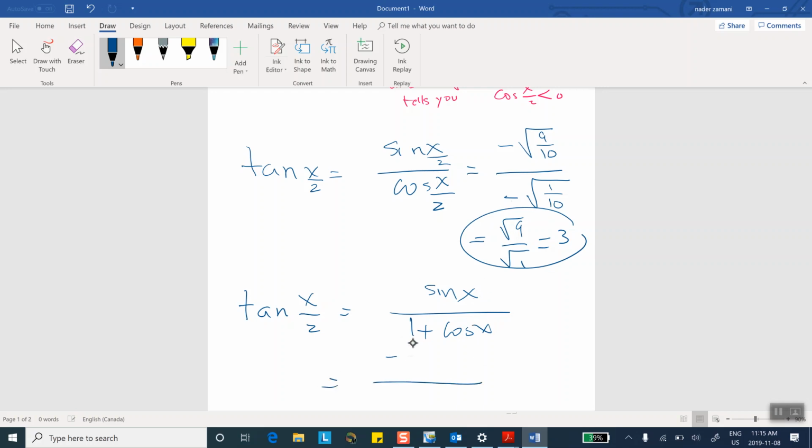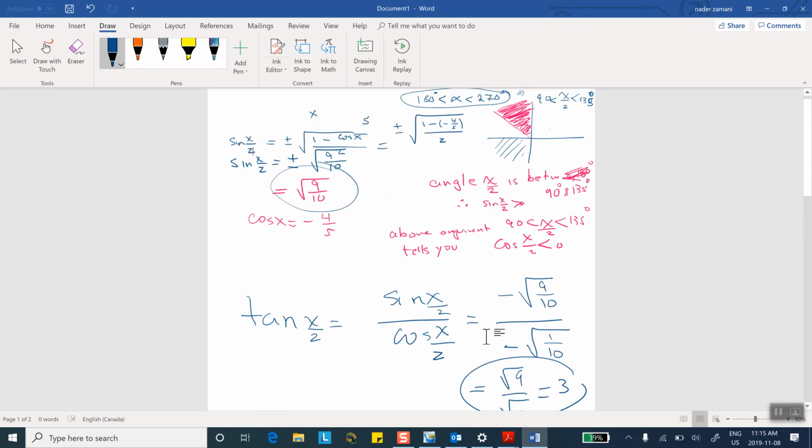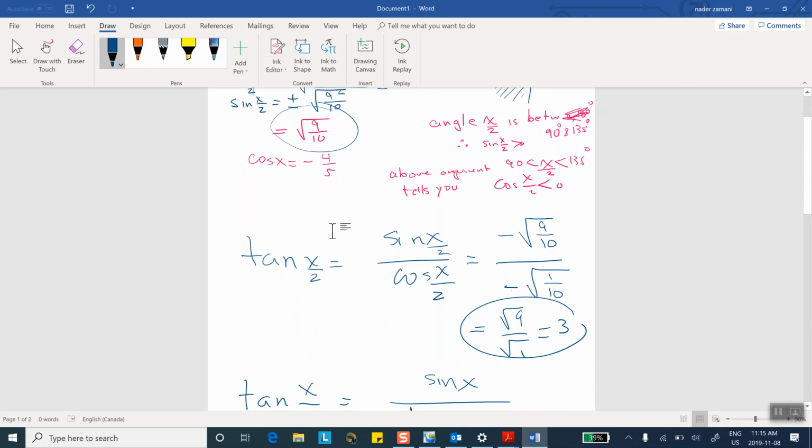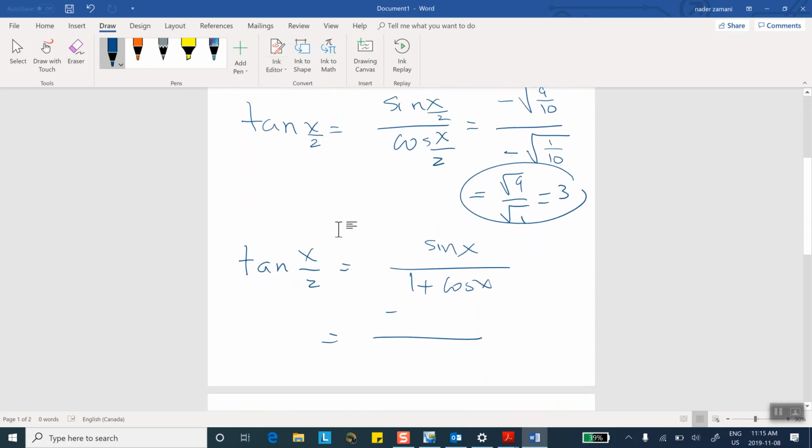This one we worked out. If cosine is minus 4 over 5, that was given to us, right? So this is going to be 1 plus minus 4 over 5.